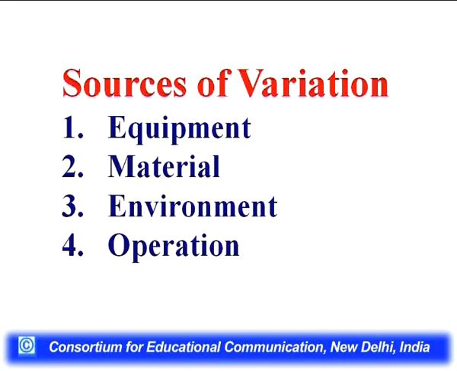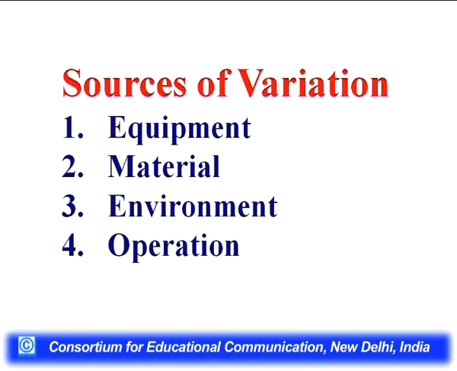And for these kind of variations, the culprit is material being used. Third one is environment variations. The atmosphere under which the production is going on contributes to the variations in the product.